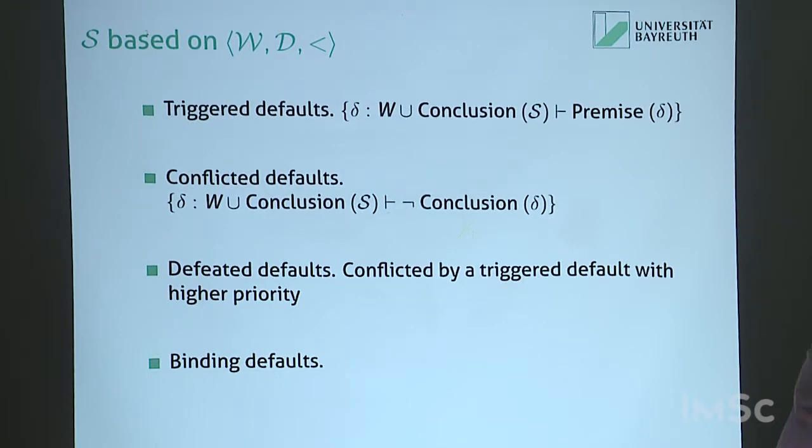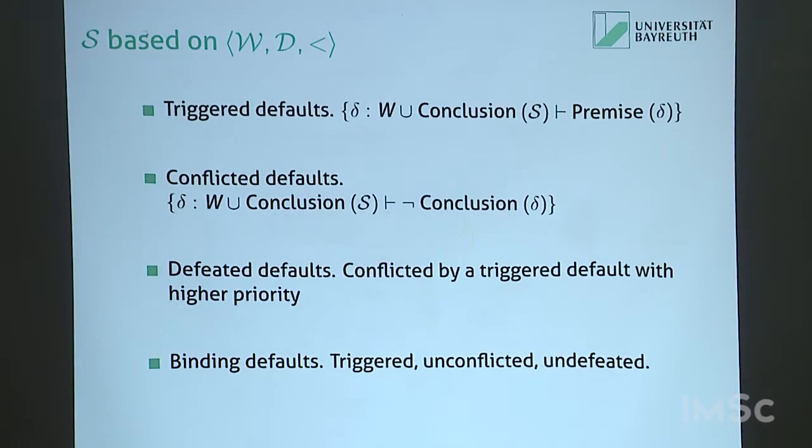It doesn't mean that you have to throw it away, but if the conflicting default has higher priority, then this lower priority default is just defeated. That's the idea. And a binding default will just be one which is triggered, unconflicted, and undefeated. So no contradiction.